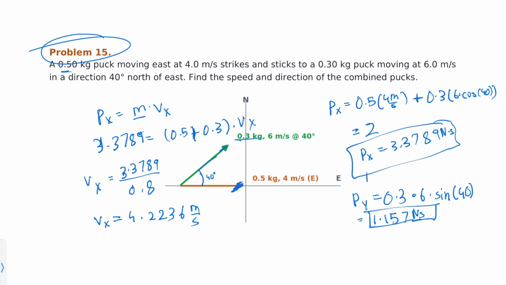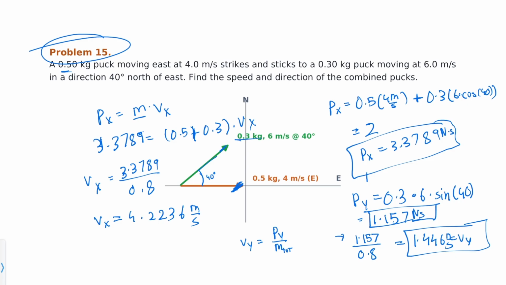Okay? Velocity y is just py over m total. So 1.157 divided by 0.8, which should give us about 1.446 meters per second for Vy.